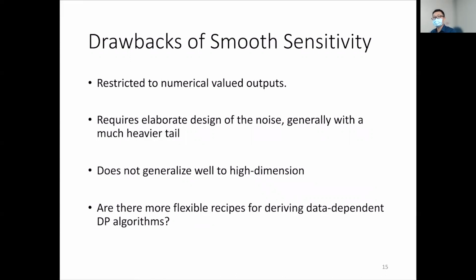Things like the exponential mechanism, where the goal is to find the argmax when the space you select from can be abstract and arbitrary, the smooth sensitivity framework doesn't work there.